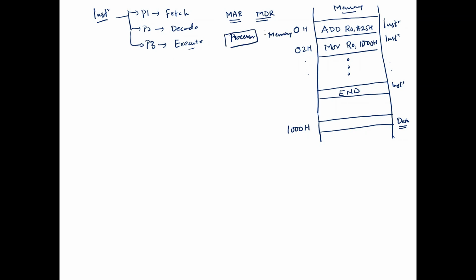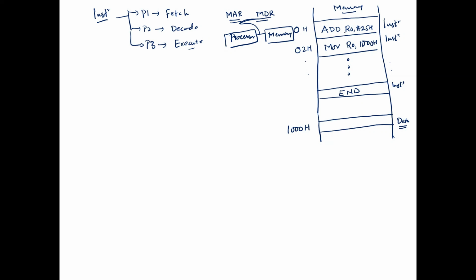The communication path between the processor and memory will be taken care of by these two registers, MAR and MDR. And I have defined what is MAR and what is MDR. Now, once the program as well as the data is stored inside this, what is the algorithm of this program?